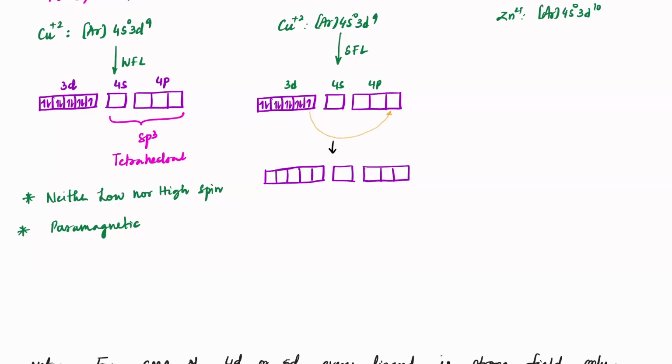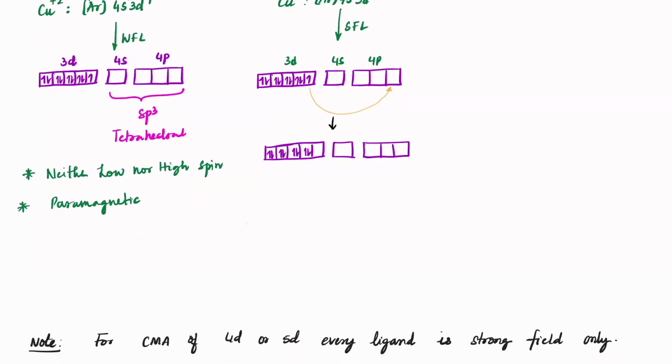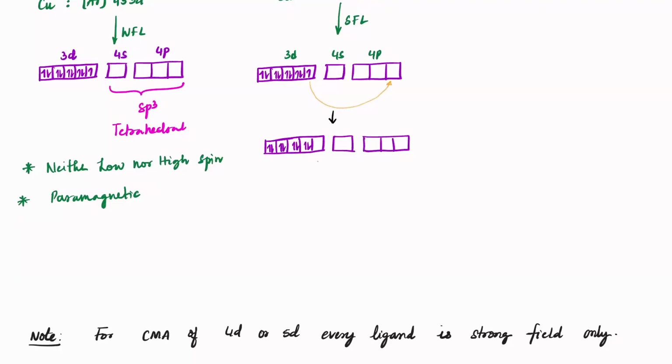So after that electron completely moves to the 4p orbital, you can see these four will get hybridized, and this electron will be appearing here.